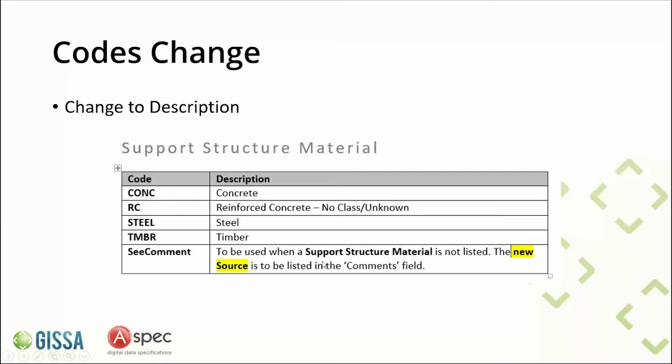The purpose of the C comment is that if a code doesn't exist in here, then we can use the C comment as a code and then populate the comments field. However, we've started off okay, showing support structure material if it's not listed, and then we have made a typo in stating then the new source is to be listed. These are the kind of instances that we're making sure that we resolve in our specifications so that we have consistency and standardization across all of our tables.